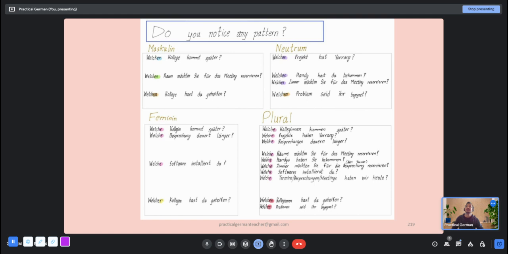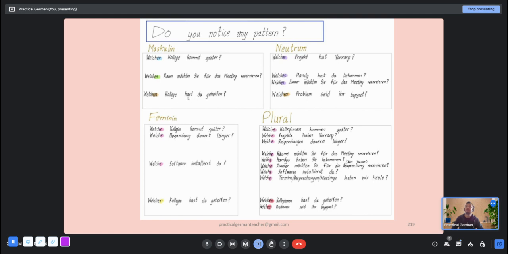So you have to think like that. Look at the third one: "Welchem Kollegen hast du geholfen?" Here the main verb is helfen. In this sentence, du is the subject. Instead of saying it this way, if I just say "Welchem Kollegen hilfst du?", which colleague are you helping, or which colleague do you help?